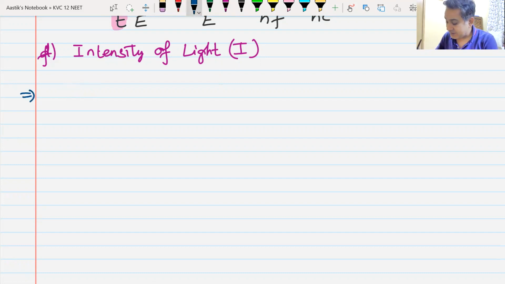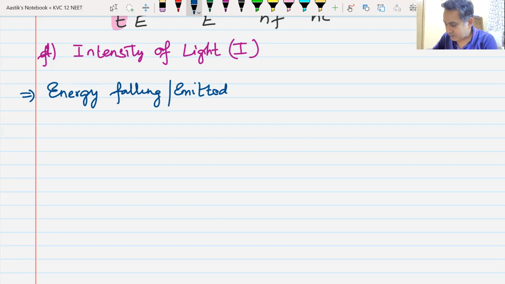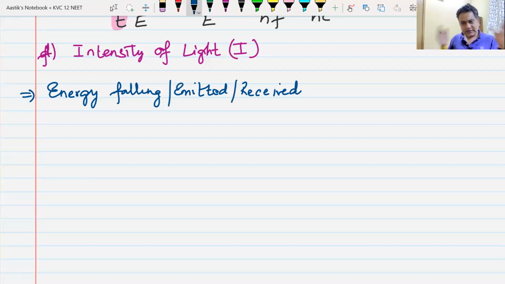Intensity is the energy falling or emitted. If it is emitting energy, then it is emitted. If the energy is falling, it is energy falling. If it is receiving energy, it is energy received. I hope you understand the meaning of all this. A body can absorb energy. A body can emit energy.